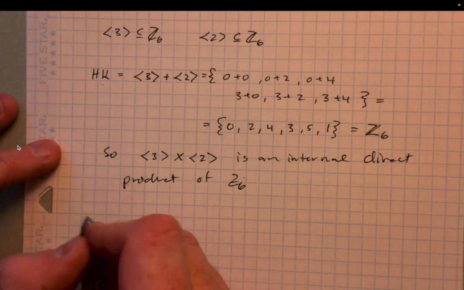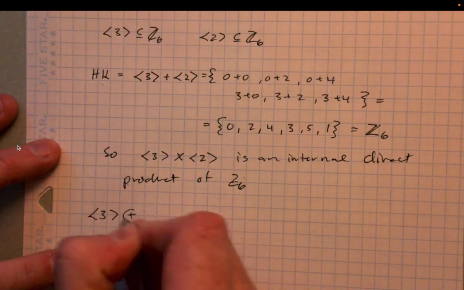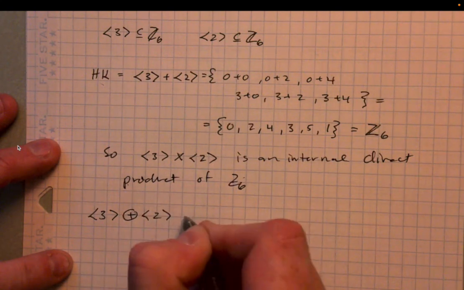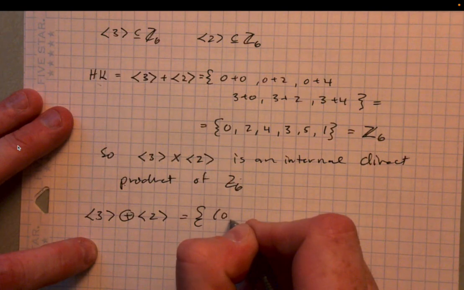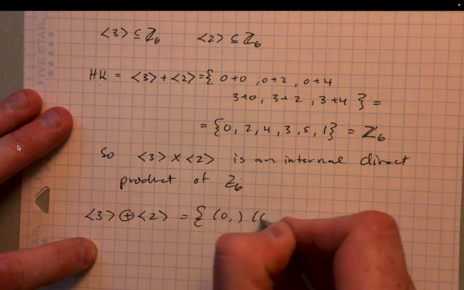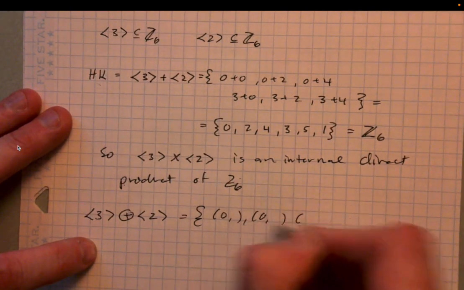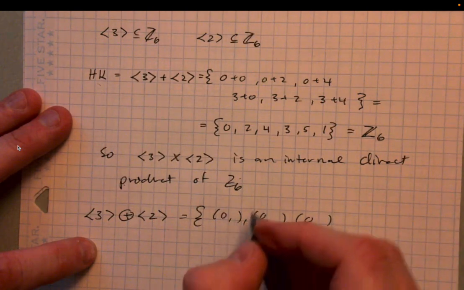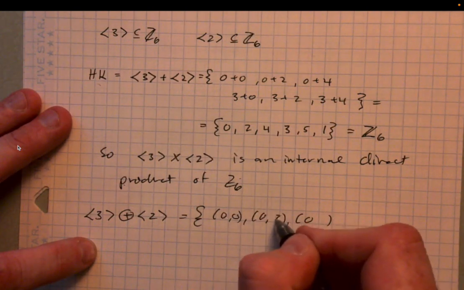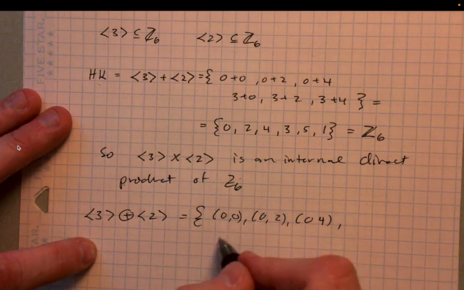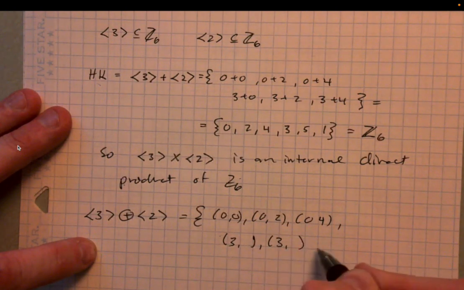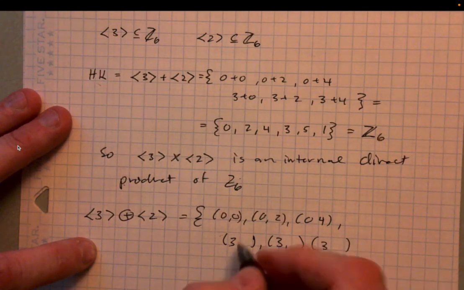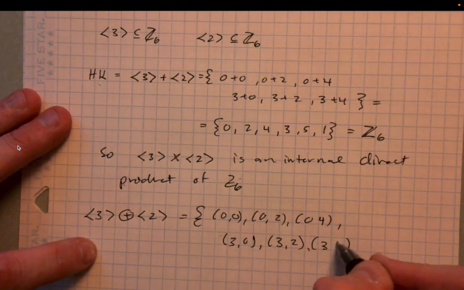Right, if I want to do 3 external with 2, then what is that? Well, that's just going to be, you can write it like this, 0, 0, 0, 2, 0, 4, and then 3, 0, 3, 2, 3, 4.